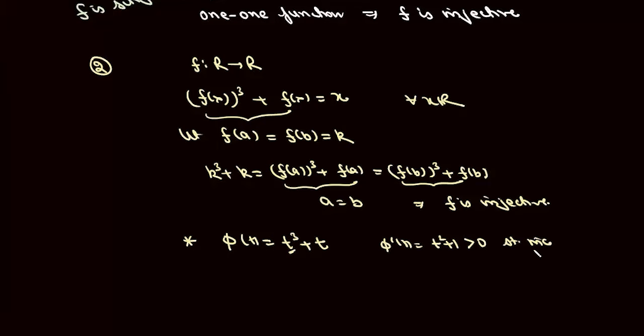And since it is cubic and strictly increasing, this phi is a bijection. So this f is phi inverse and is also well defined. Now phi(0) is 0. That means f(0) is also 0. So this is your second example where we have established injectivity through the given functional equation.